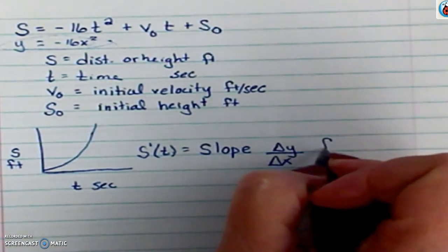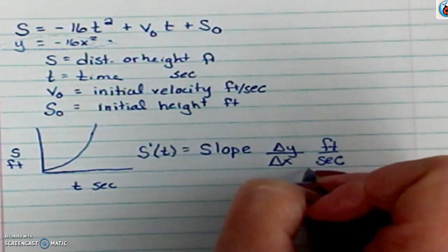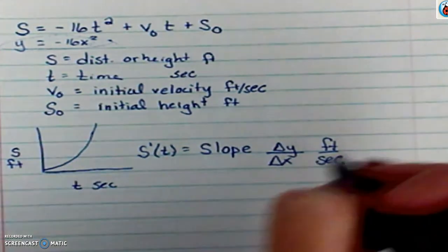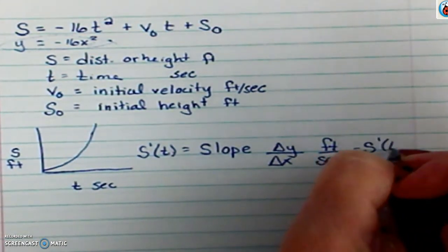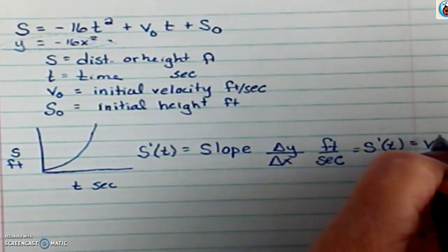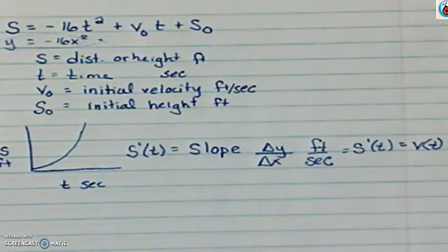The y-axis is in feet, and the x-axis is in seconds. That means that the first derivative is actually referring to velocity. So the first derivative is the same thing as velocity. I'm running out of room on my paper here. So it's just v of t.